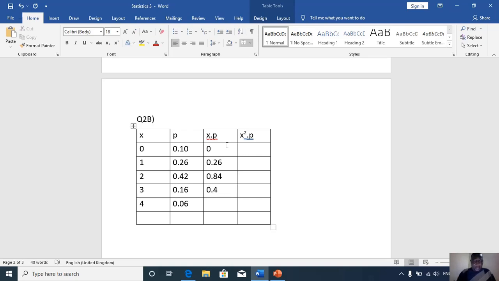You can check those figures with your calculator. And 0.06 multiplied by 4, that will give us 0.24.